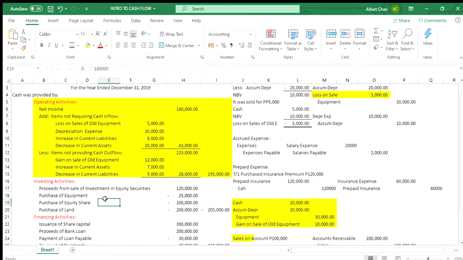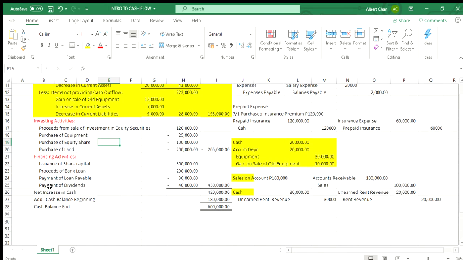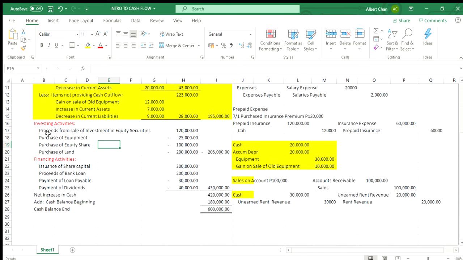Now here in your investing activities, anything that has something to do with property, plant and equipment, or non-current assets, whether in the form of land, building, and equipment, or investment in equity securities or debt securities: when you invest, there will be cash out, so that is a deduction.